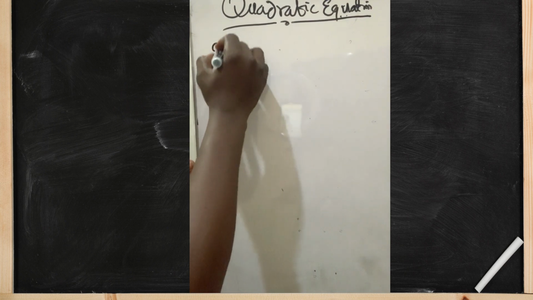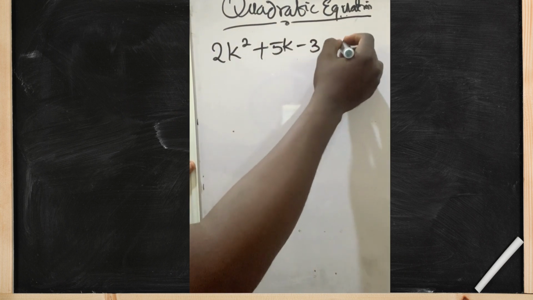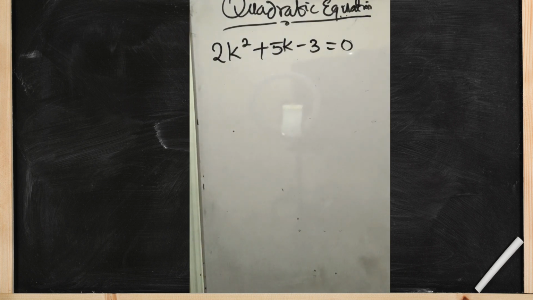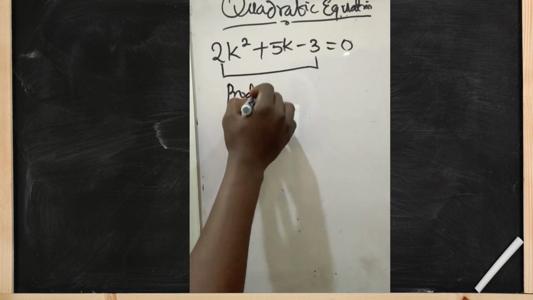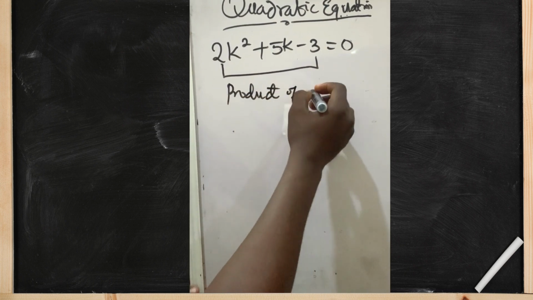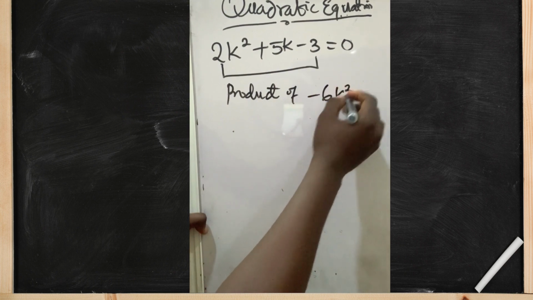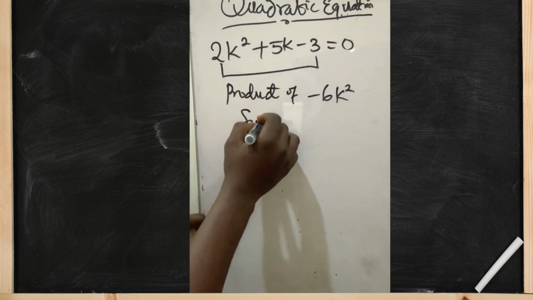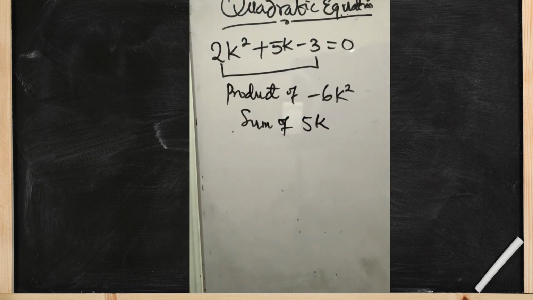Okay, we're having 2k squared plus 5k minus 3 equals 0. So when you see a question like this, you are looking for the product of these two. The product of 2k squared times minus 3 will give you minus 6k squared. Then the sum of 5k. So what are the two things involved here?